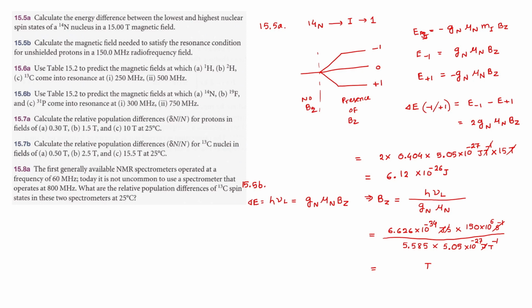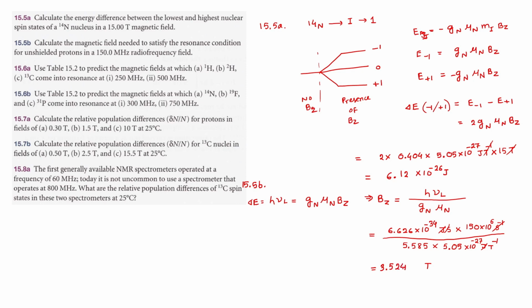6.626 into 10 to the power minus 34 into 150 into 10 to the power 6, divided by 5.585, divided by 5.05, divided by 10 to the power minus 27, that is 3.53 Tesla.